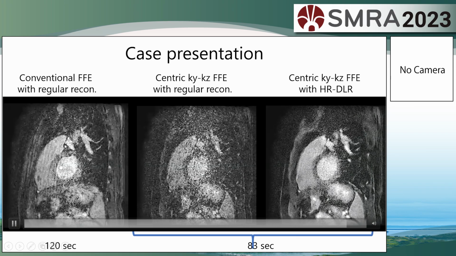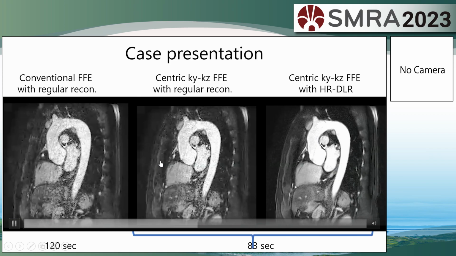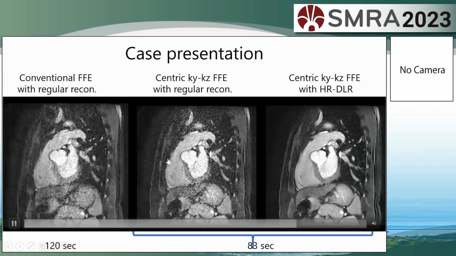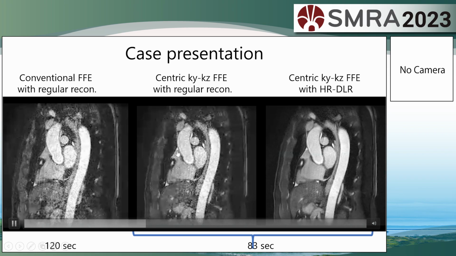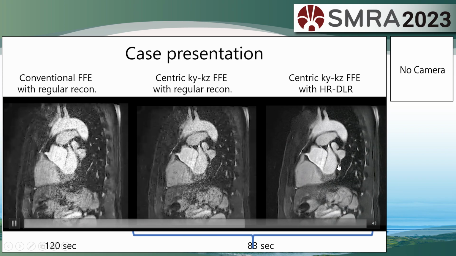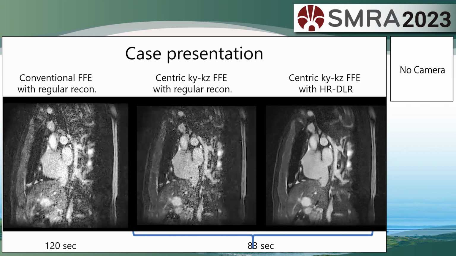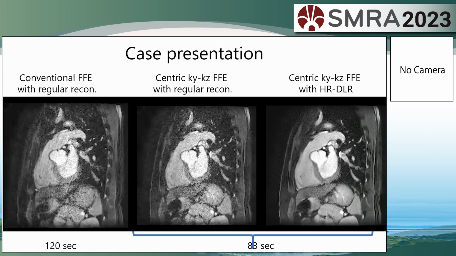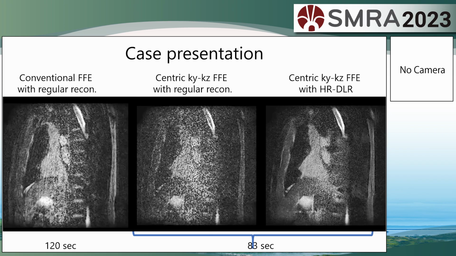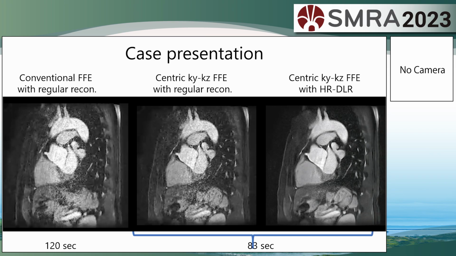And this kind of artifact is weakened, diminished, or less dominant in the proposed method. And then in applying high resolution deep learning reconstruction, we can now clearly see the delineation of the large vessels as well as a significant reduction of the noise.